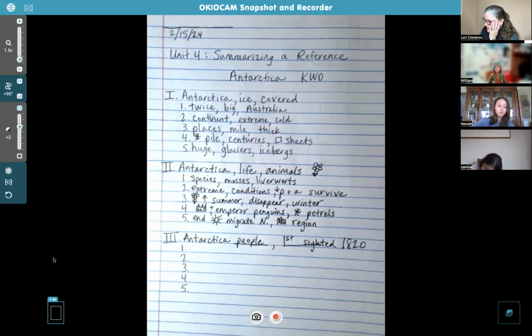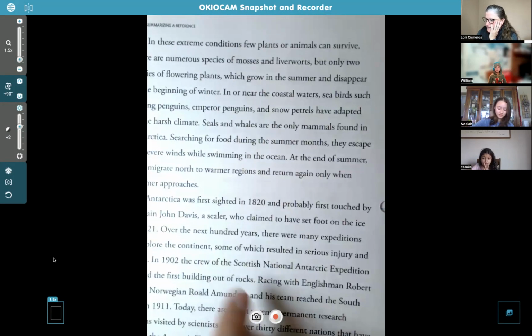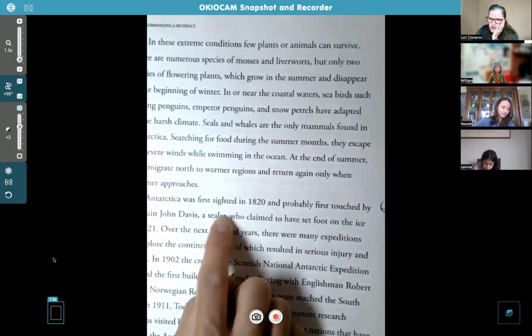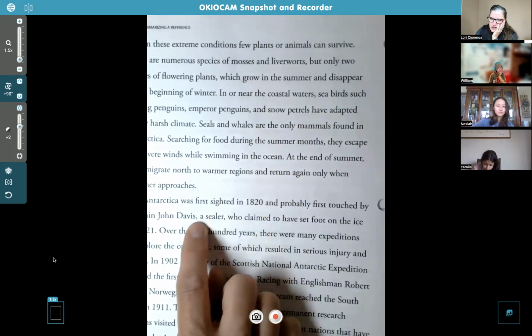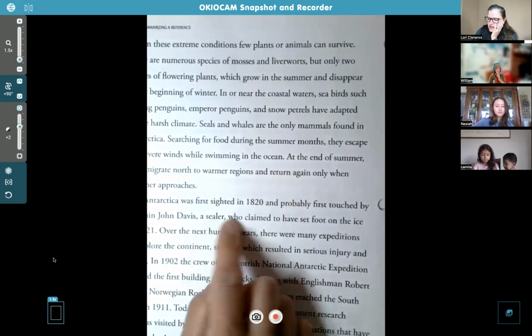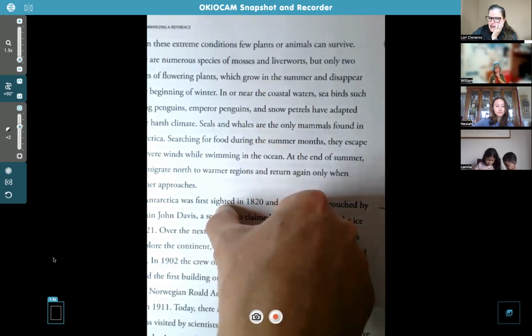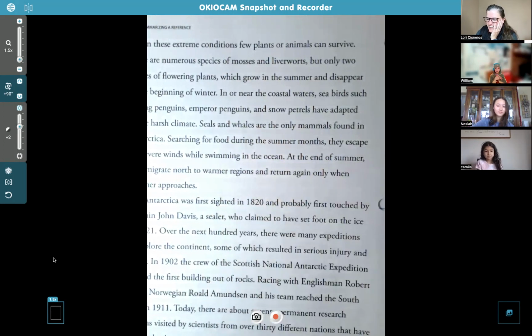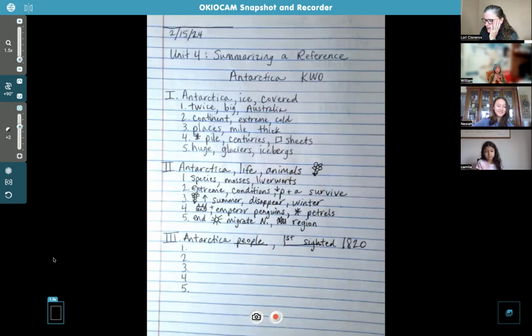Yeah, and this word is sealer. I've never really heard sealer before, but that must be an old term because this was the 1800s. So maybe before they called them sailors, they called them sealers, but I think it's S-E-A, like the ocean. Sealer. Yeah, it's weird, but anyway, good.